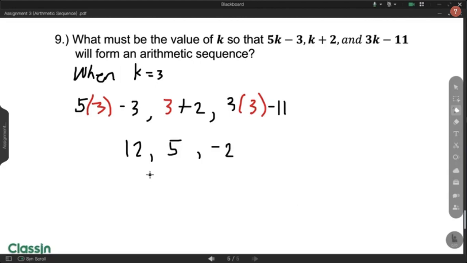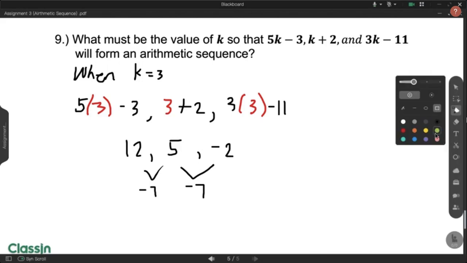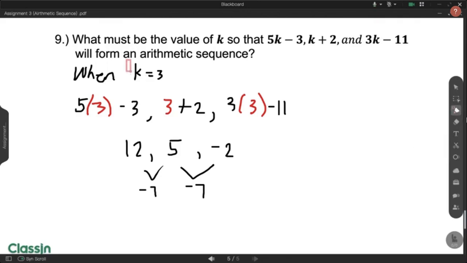So you can see here that the common difference is negative 7. 12 minus 7 is 5. 5 minus 7 is negative 2. Therefore, our final answer is k equals 3 to make this sequence an arithmetic sequence.